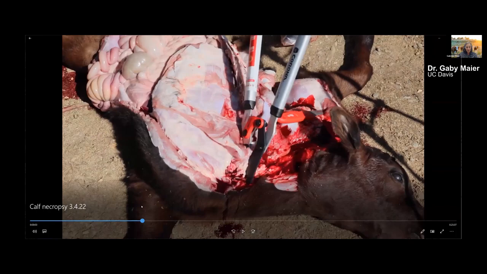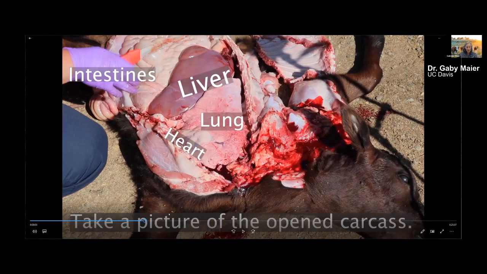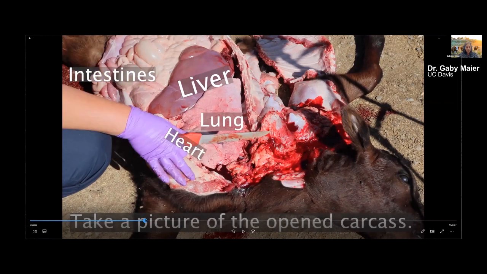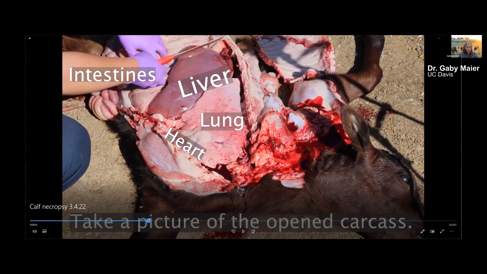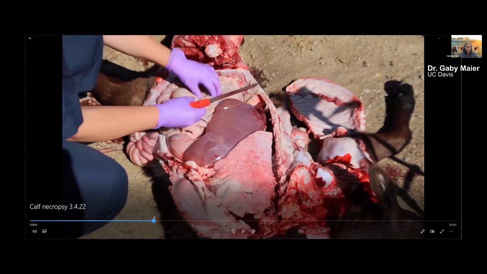Here they come. And then we have all the organs labeled so that when you open it, you see what is where. And this would be a good time to take another picture that you can then send to the pathologist. And again, we have everything labeled.